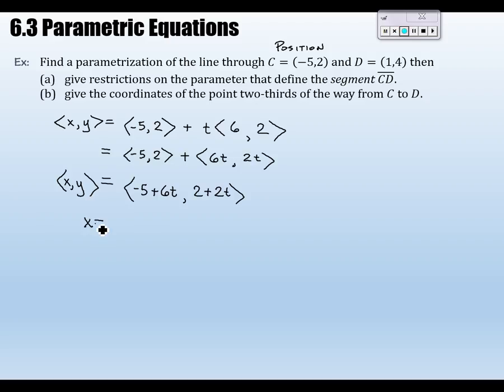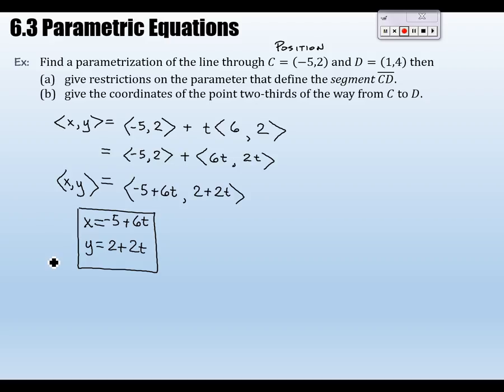Where x is equal to what? x is the same thing as -5 plus 6t, just to bring this all the way back to what we did yesterday. And y is equal to 2 plus 2t, right? So if you wanted the parameterization, we're splitting hairs here, really, because all of these say exactly the same thing, don't they? But I just want to connect this representation with this representation, which are both things we used yesterday.